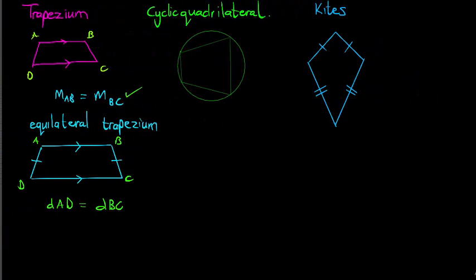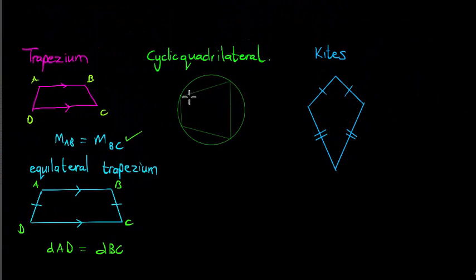Cyclic quadrilaterals. Okay, in cyclic quadrilaterals, we are going to use the following property. For a cyclic quadrilateral ABCD, opposite angles are supplementary.